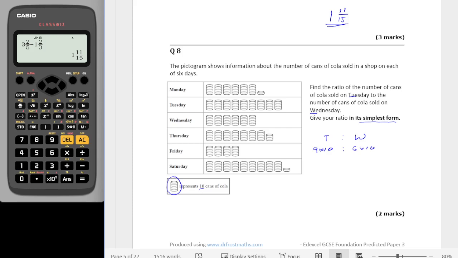I could have just done it in terms of pictures. I was expecting a kind of a partial, but that's okay. And then we simplify that down. Both of them have got 3 in common, or we can use our calculator to simplify it down. So if you imagine it, I tend to put the lower of the 2 ratios, so 3 to 2.